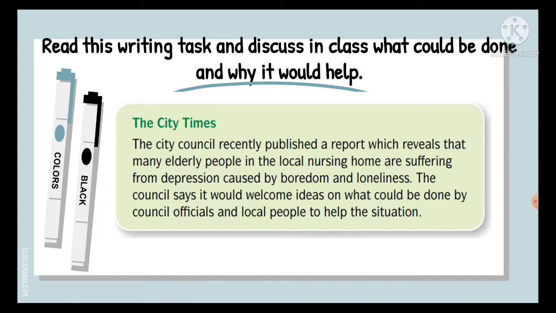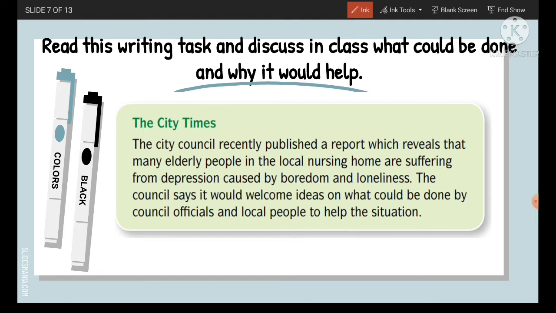The council says it would welcome ideas on what could be done by council officials and local people to help the situation.